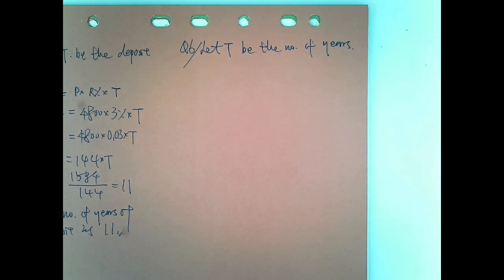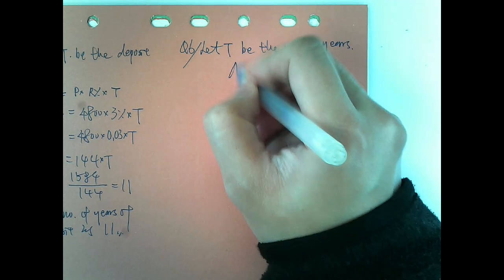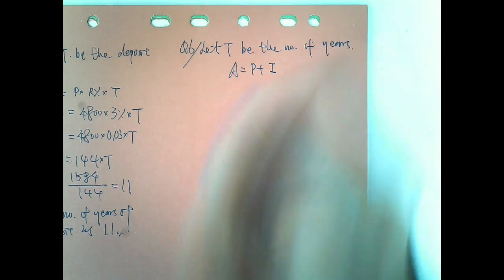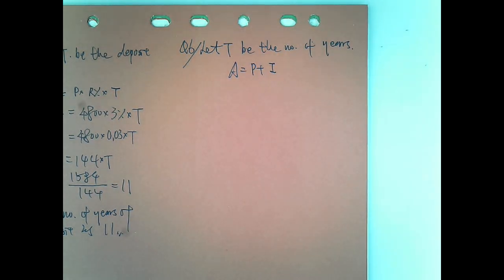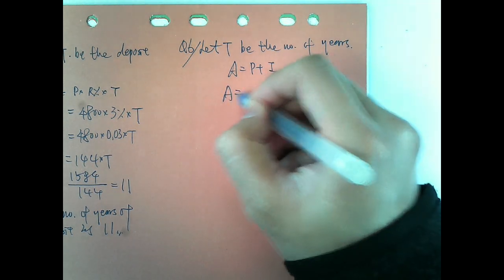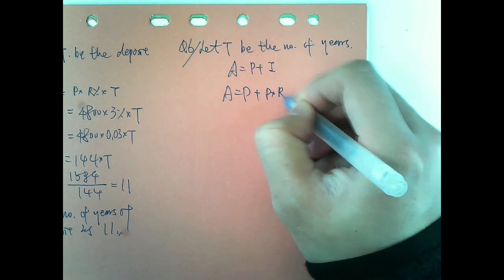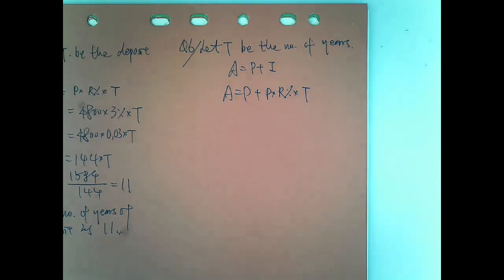So A is given, right? You have the amount A. So you must use the A formula. Write this first. And then ask yourself, do you have the I? No. So you can extend this formula. When you extend this formula, you can plug in something.